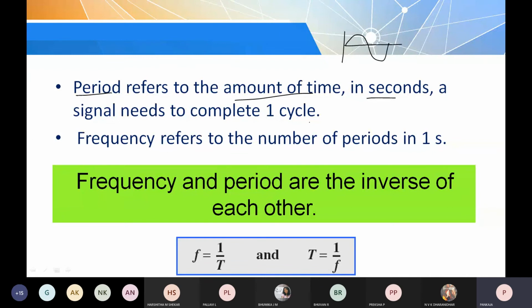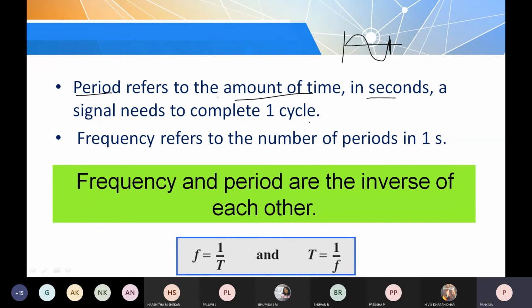This is one cycle. These are terms with respect to analog data. It is actually not part of the syllabus, but we'll be using these terms, so I'm adding the important terms here. Period means how much time it requires to cover one cycle.